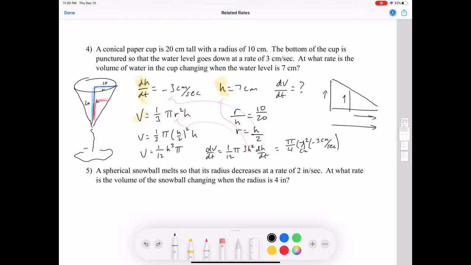We multiply those together: 49 times 3 is 147. So negative 147 pi over 4 centimeters cubed per second. And as you can see, centimeters cubed is the volume over time. Oh, sure, I forgot to write pi.